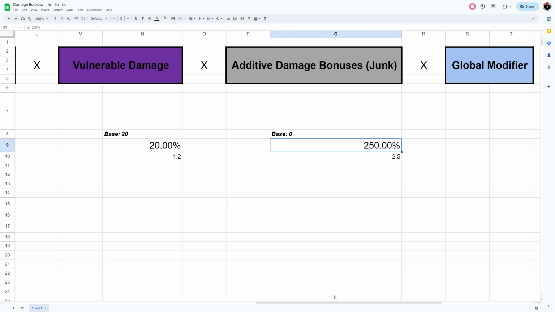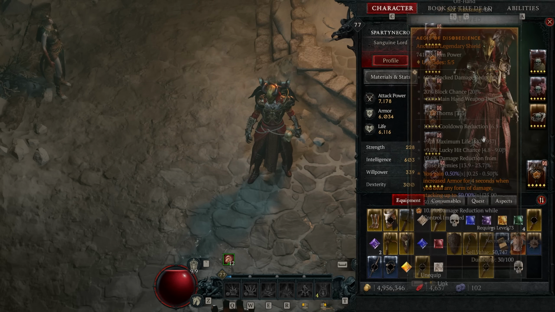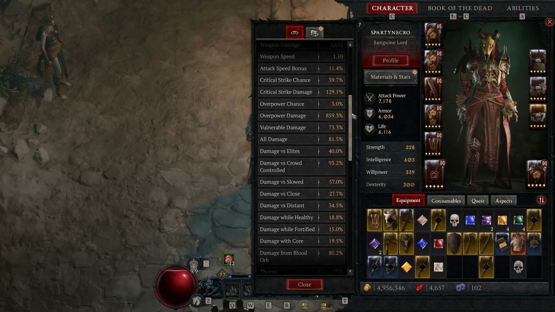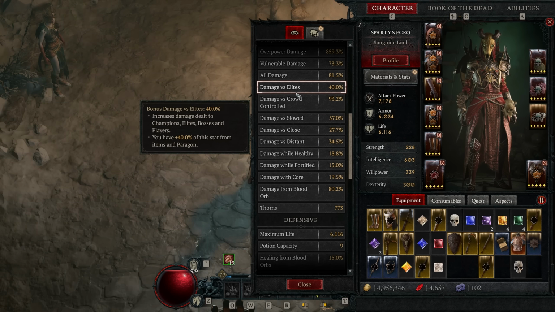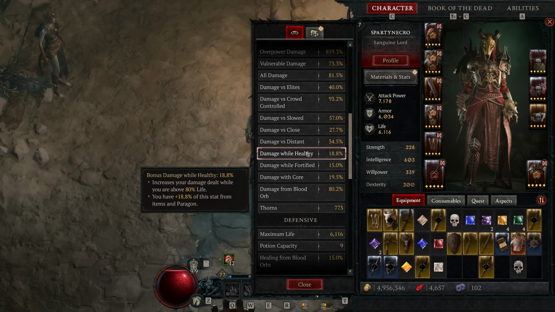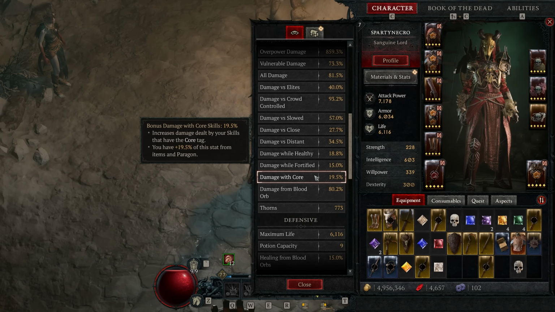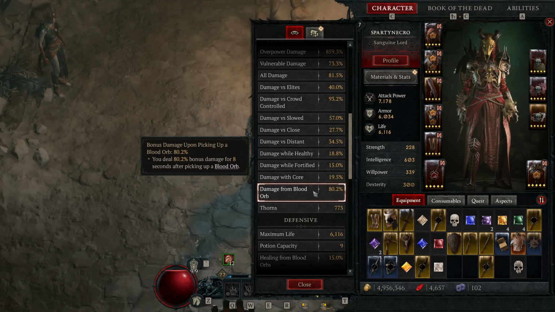Your additive damage bonuses, what I'm now going to call your junk bucket, is pretty much everything else in the game that says increases damage with a certain context attached to it. Let's jump back into the game real quick to take a look at that. If I look at damage versus crowd controlled, versus slowed, versus elites, versus close, versus distant, while healthy, while fortified, with core, from blood orbs, all those damage values will come together additively.